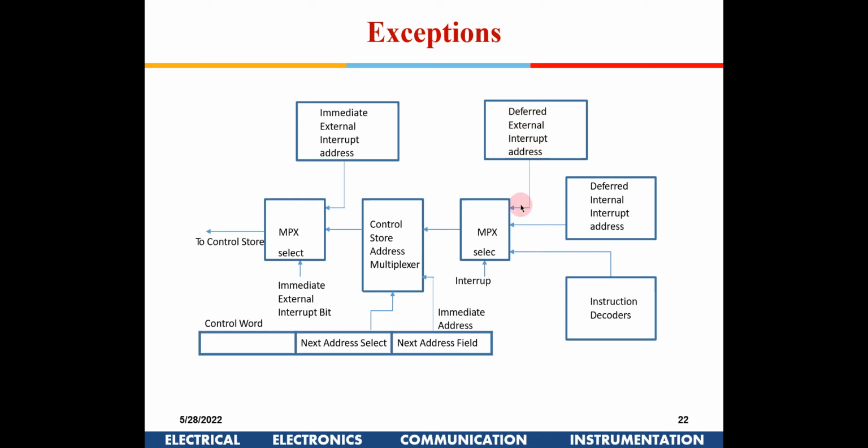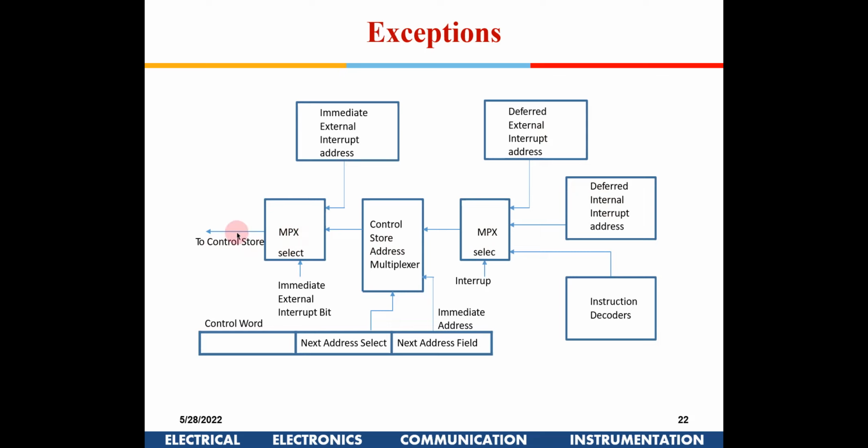Okay, in the deferred external, you have this multiplexer after the control store address multiplexer, because it will allow the present instruction to complete. Because it is deferred, it is not that very important. So these deferred signals are placed at a second level here, not immediately close to the control store.